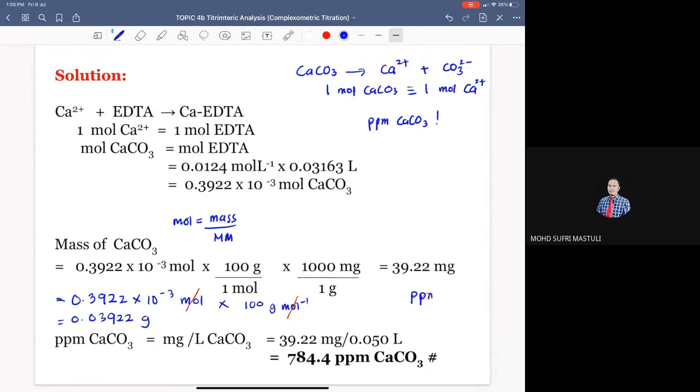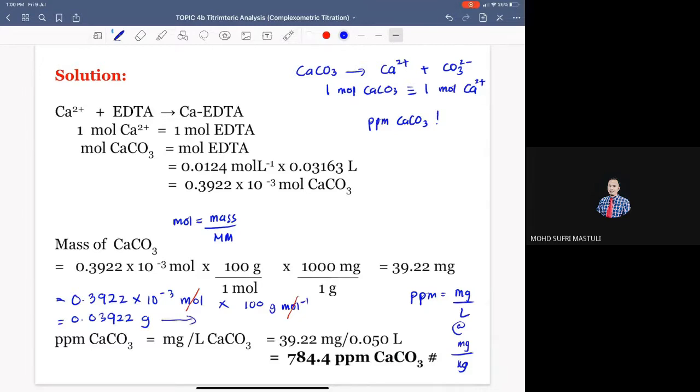So remember, ppm is milligram per liter for liquids or milligram per kilogram for solids. So we have to convert the gram to milligram.